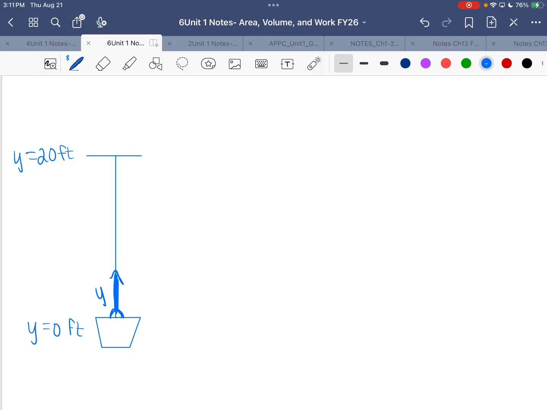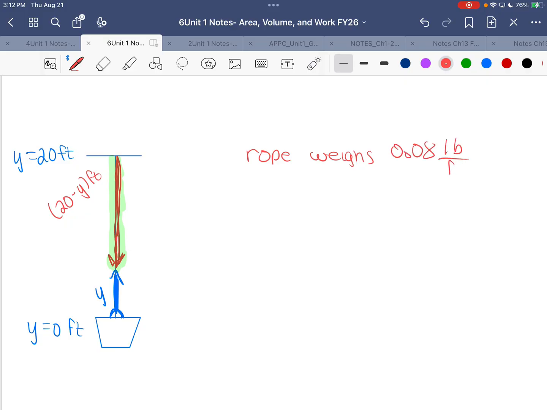We don't have Y because there's still this much rope hanging down. So this is the amount where the force is actually happening. This is the part we care about. So how many feet of rope is just dangling down at any Y moment? 20 minus Y. And then it said the rope weighs 0.08 pounds per foot.